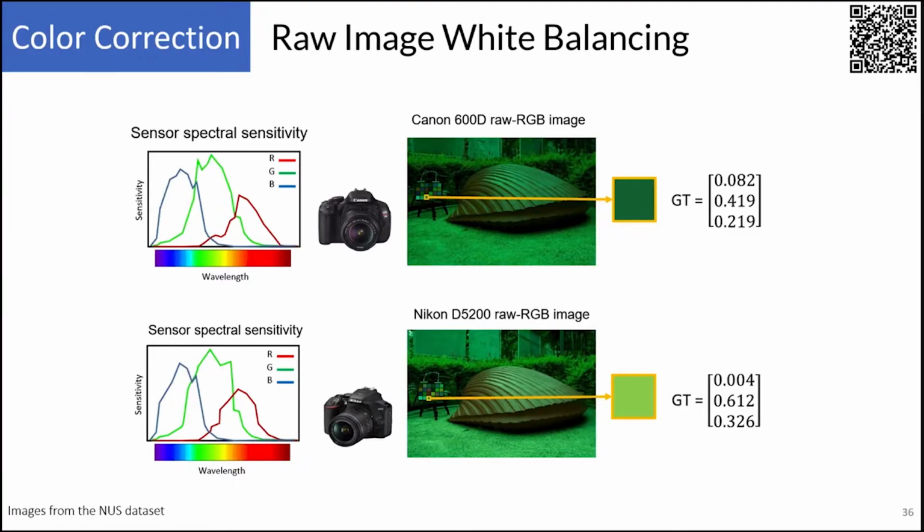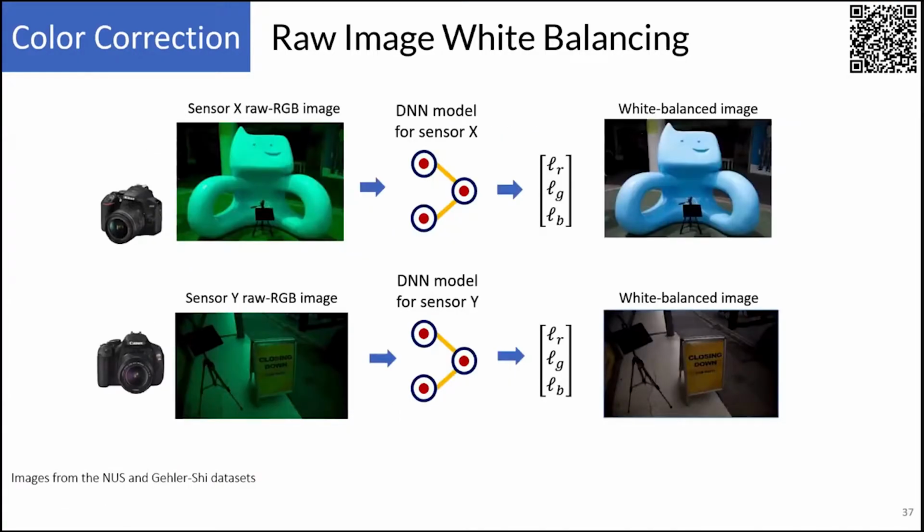And that makes the DNN solution less practical in reality, because if we train a DNN model to do the illuminant estimation for sensor X, and we decide to deploy this DNN model on another sensor, let's say here sensor Y, we need to collect a new dataset captured by sensor Y and retrain or tune our DNN model.